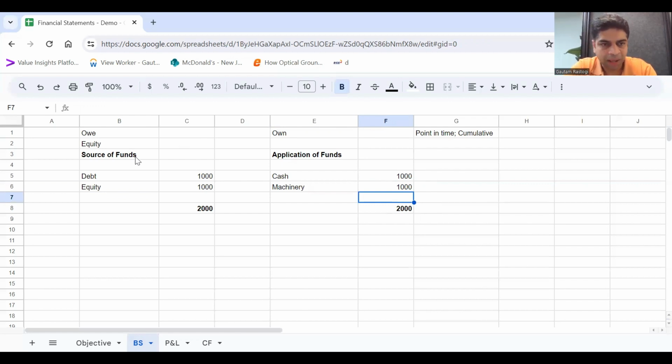So your balance sheet balances: source of funds, application of funds, balance. With each and every transaction, your balance sheet needs to balance. And you've not done any sale, not made any product per se yet. Say this is the start of the year.